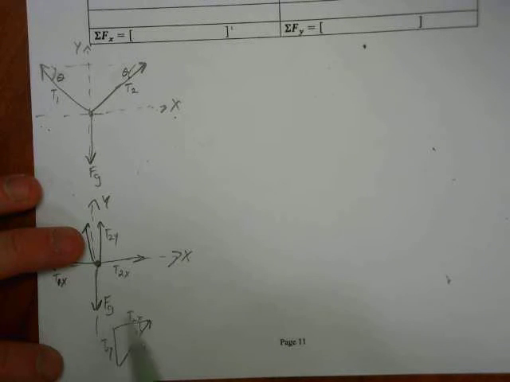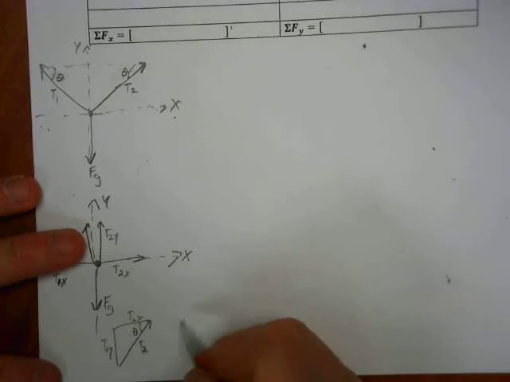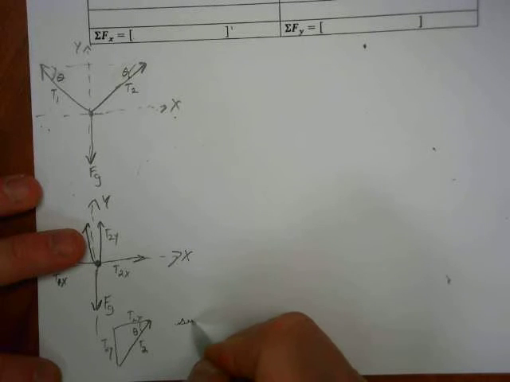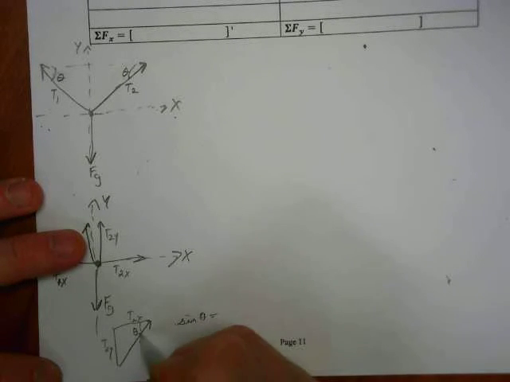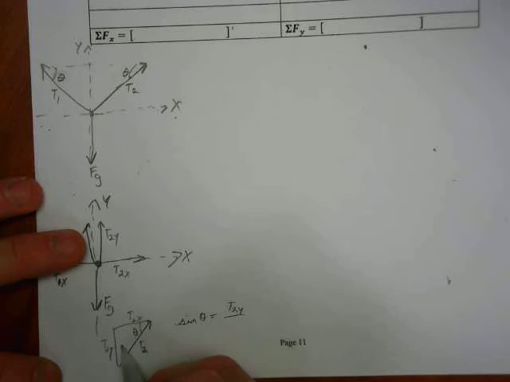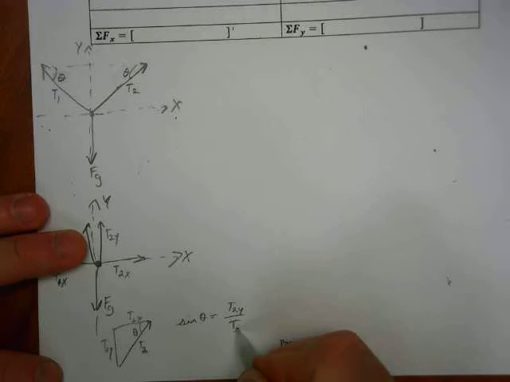So these two components are going to add together to get this hypotenuse. And we know that sine of theta equals the opposite leg to that angle, which is T2y, over the hypotenuse, which is T2.